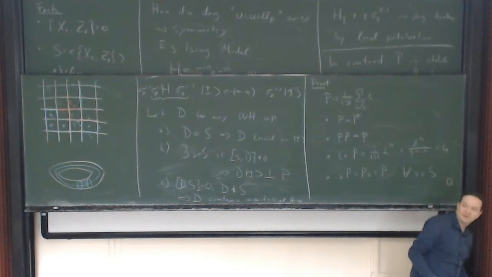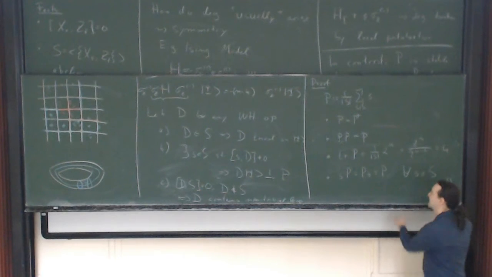All right, so now we have everything. We can now prove that the ground state space is stable.